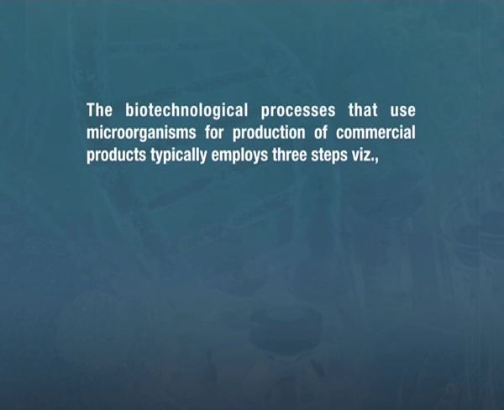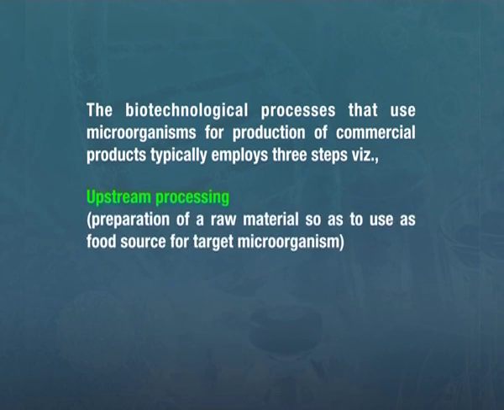The biotechnological processes that use microorganisms for production of commercial products typically employ three steps. First is upstream processing, which involves preparation of a raw material so as to use as a food source for the target microorganism.